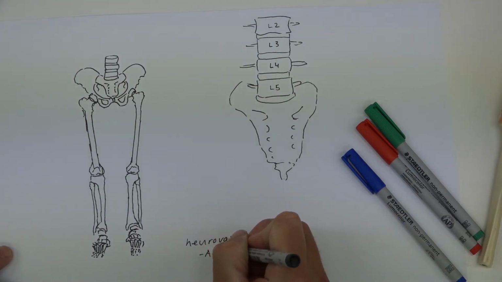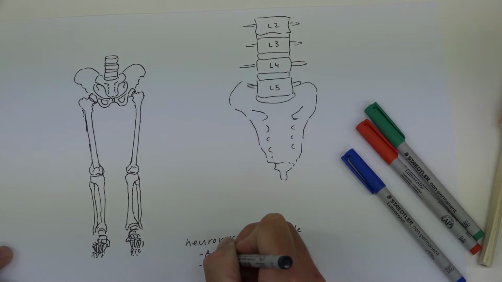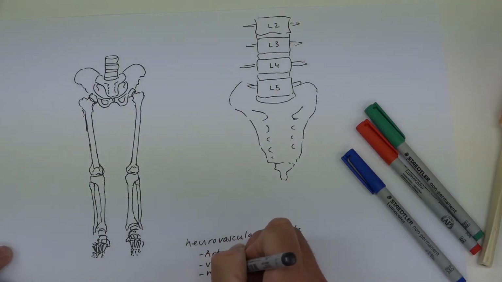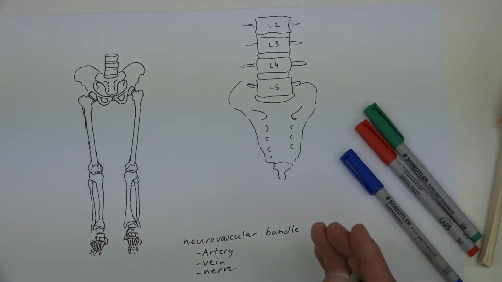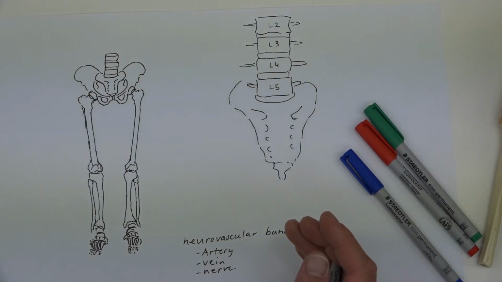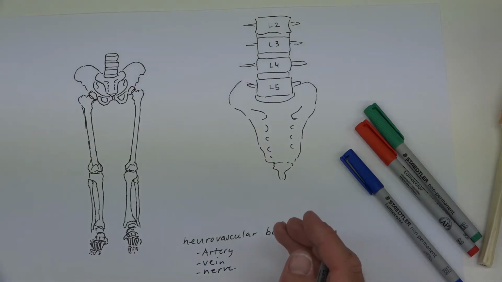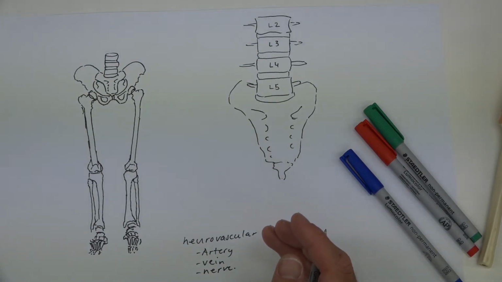Under most circumstances these all have similar names. So we've talked about our femoral triangle before, and that will have your femoral artery, your femoral nerve and your femoral vein together in one spot.